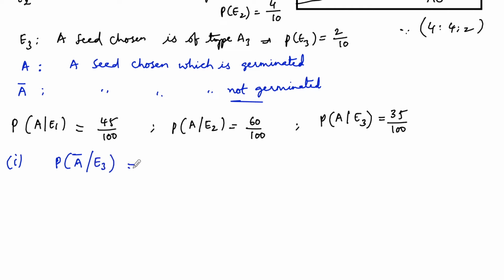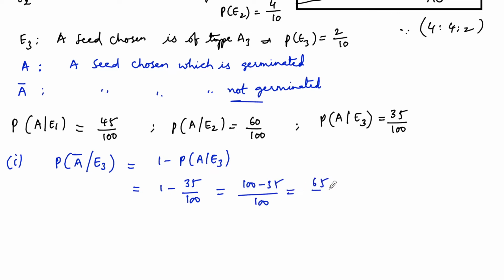So the probability of A bar given E3 is nothing but 1 minus P of A given E3, which is 1 minus 35 by 100. So 100 minus 35 divided by 100 is 65 upon 100, that is 65%, or we can write 0.65 as the probability. So the first answer is 0.65.